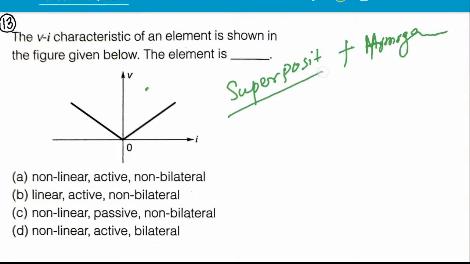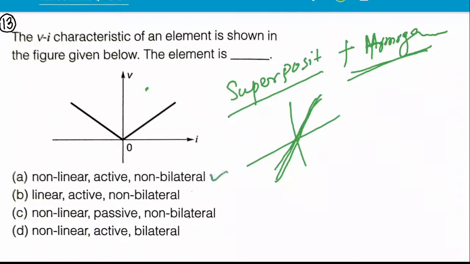Then it will be linear, and for linear the plot will be like this. So this is not linear. First thing, this is non-linear. So this may be correct, this may be correct, this may be correct.